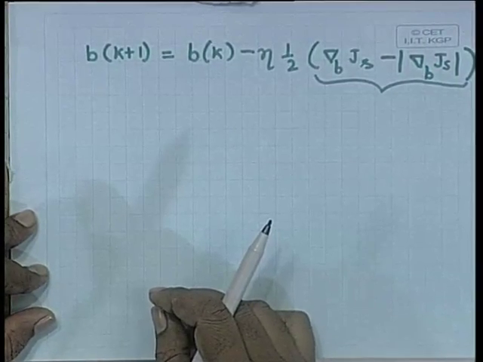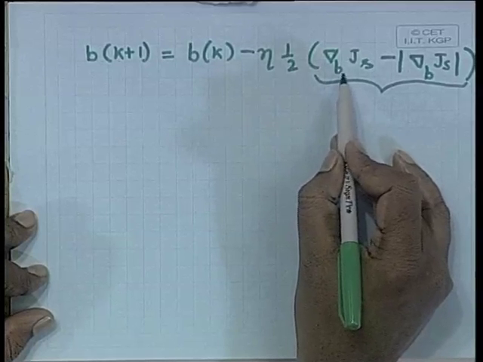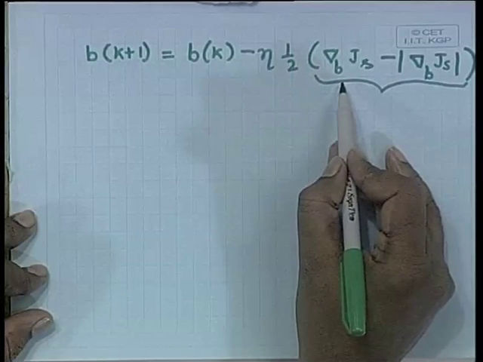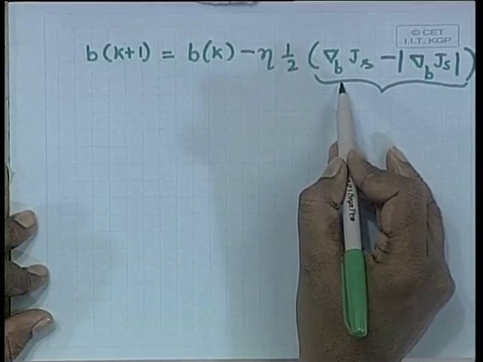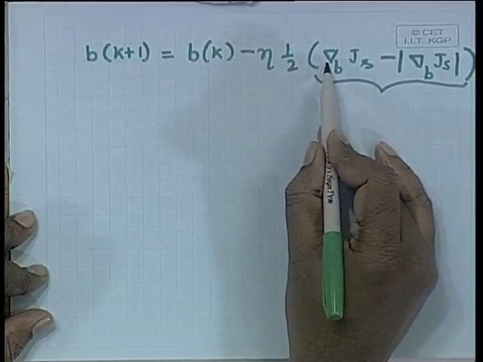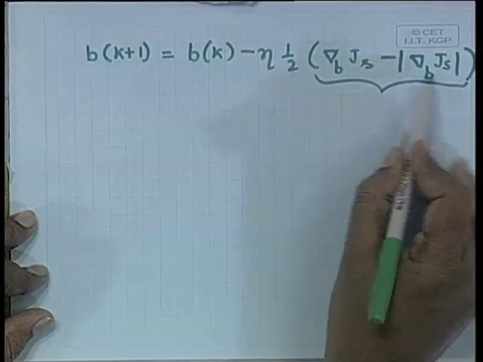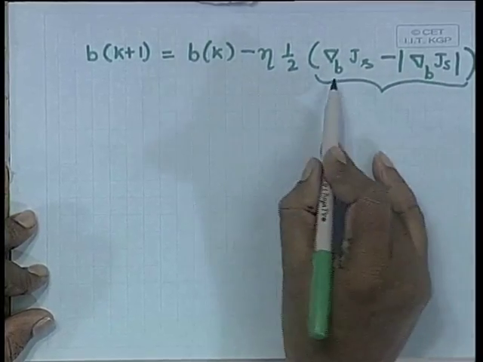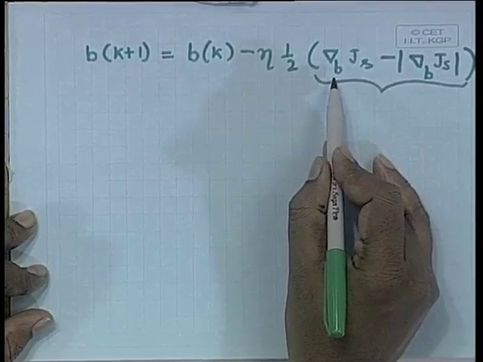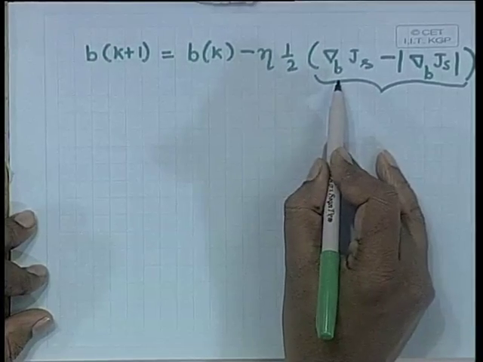Whereas if the gradient is negative, I get a negative quantity which is twice the gradient of J_s with respect to b.